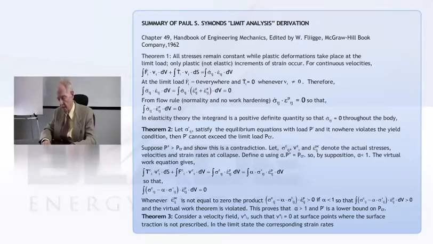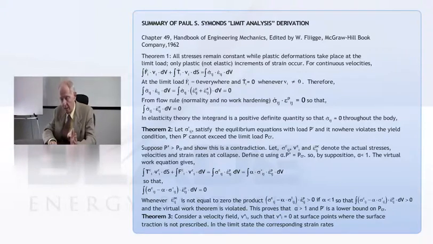So he boils down that second equation into this, and if you look at that, he's got the stress rate times the strain rate elastic, and that's integrated over the volume, and that's equal to 0.